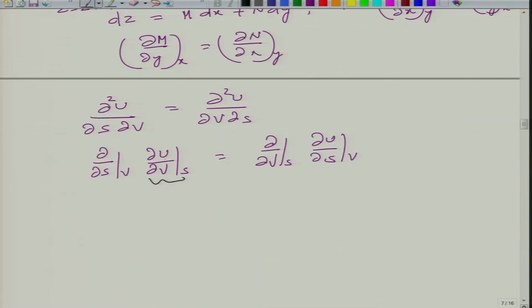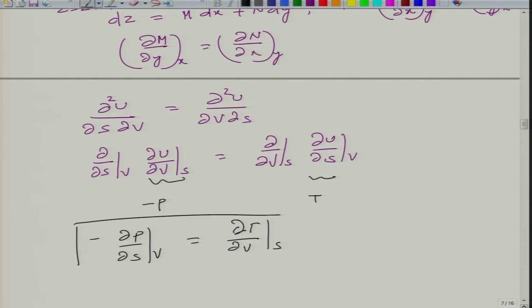So I have now the relation: minus del p by del s at constant v must be equal to del T by del v at constant s. This is the first Maxwell relation which we have just derived.